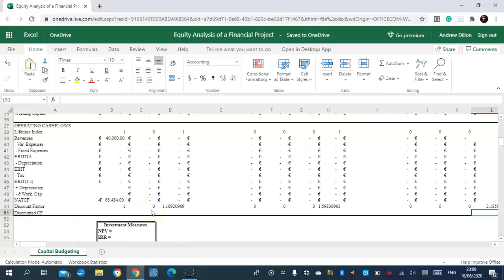The rest of them are just 0. So now let's go into the discounted CF.